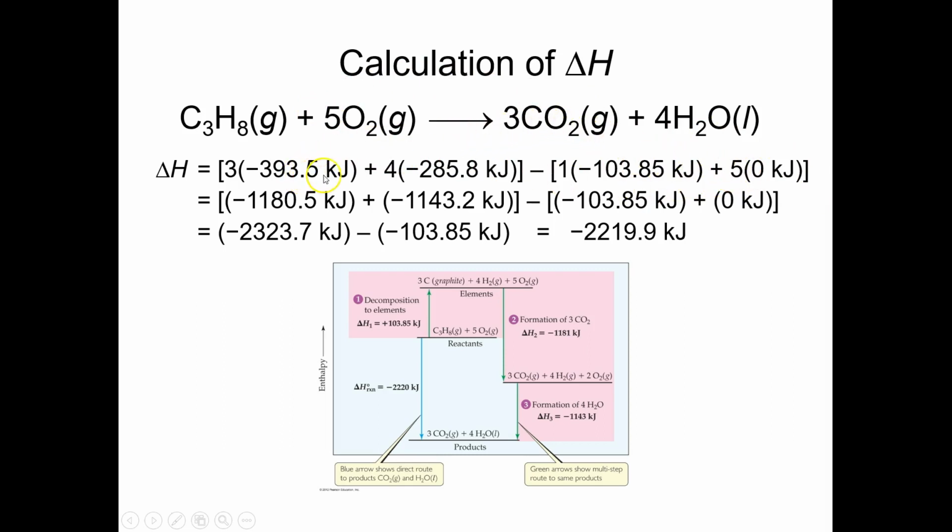So it's products multiplied by their coefficients, 3 for the carbon dioxide, 4 for the water, minus reactants multiplied by their coefficients, 1 for the propane, 5 times 0 is 0. And then you're just doing arithmetic to get to an answer, which for this reaction would be negative 2220 kilojoules.